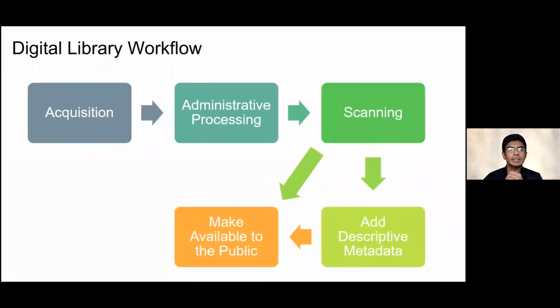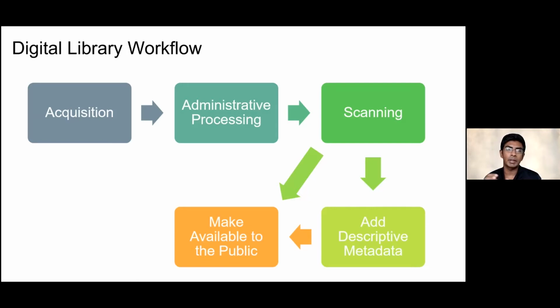With that being said, let's see how a typical digital library workflow works. I know this might not be the exact scenario, but this is just a very high-level overview of how normally things work. The first step is the acquisition. Maybe you purchase the historical collection from a vendor or it's donated, but some sort of acquisition process. And then it goes into various administrative and legal work.